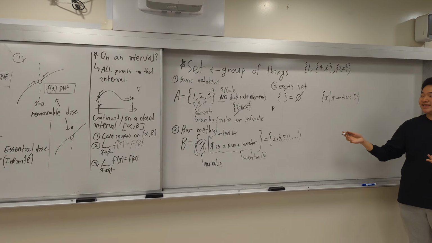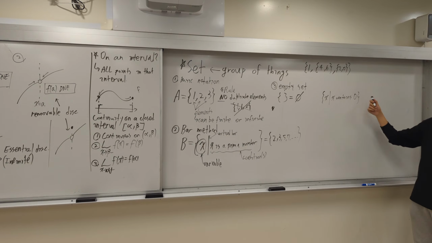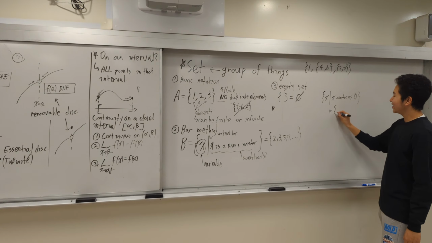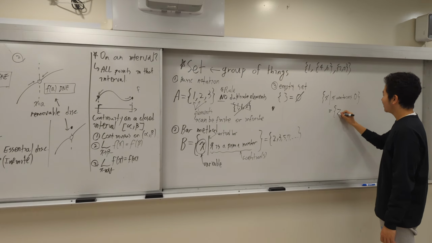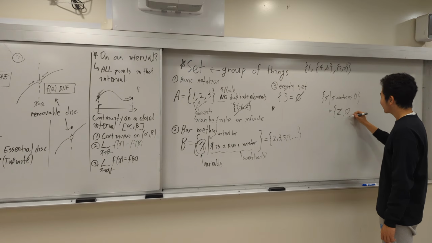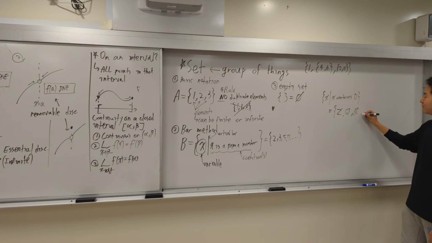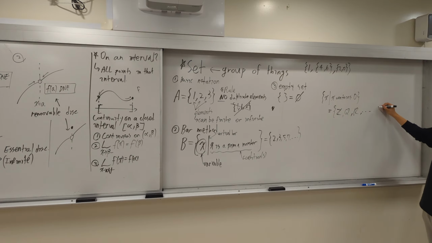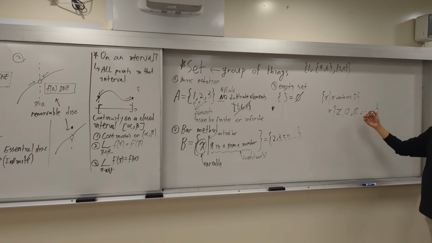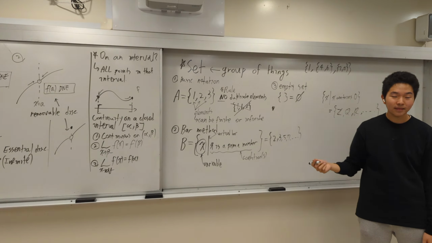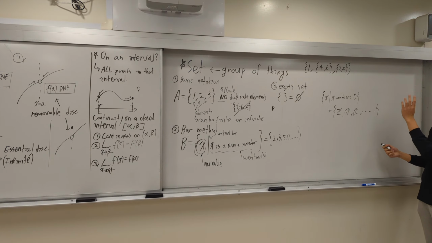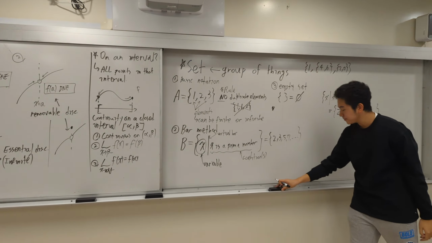But if I wanted the set of all sets that contain the number 0, then it would be a set of what? It would be the set of integers. It would be the set of rational numbers. It would also include the set of real numbers. And of course, there's an infinite number of sets that can contain 0. But my point is, sets can go into different sets, and that can change based on your definition.